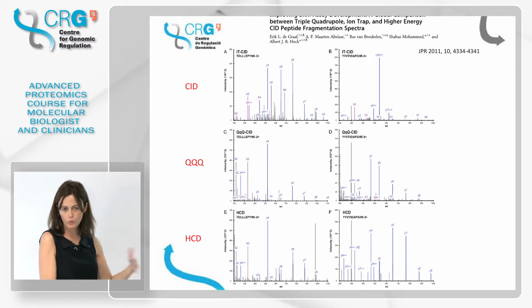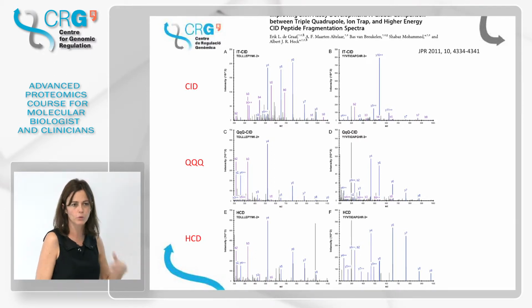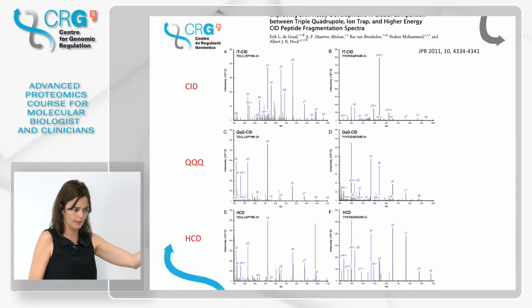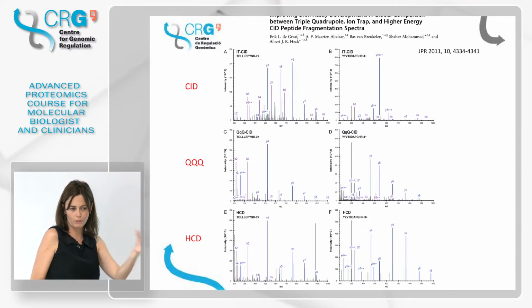In general, they look quite similar, CID also with triple quadrupoles. But it's true that HCD is maybe the method of choice when you go, for example, to an Orbitrap to make your spectral libraries, to be able to compare later with the triple quadrupole. But in general, the way the peptide fragments is quite similar.